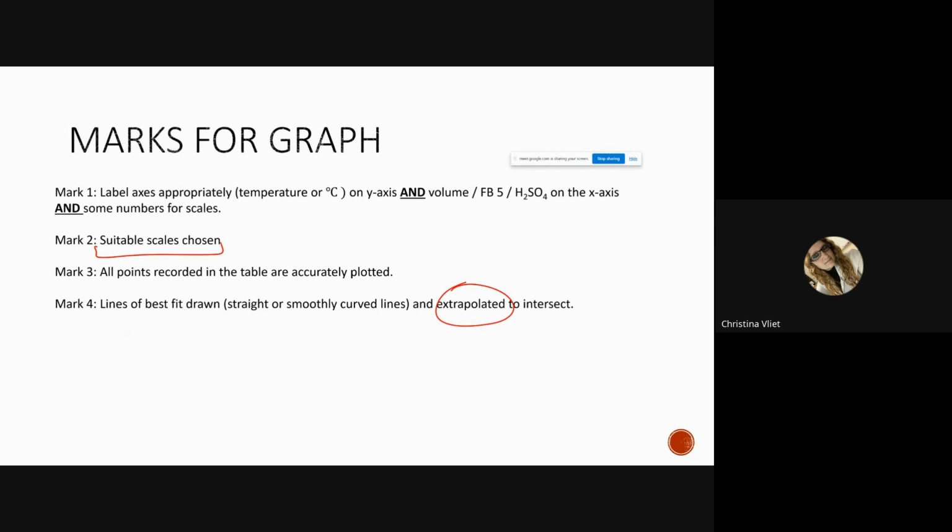Did I tell you all about the temperature? So when you read the temperature, is it 16 or 17? It is 16.